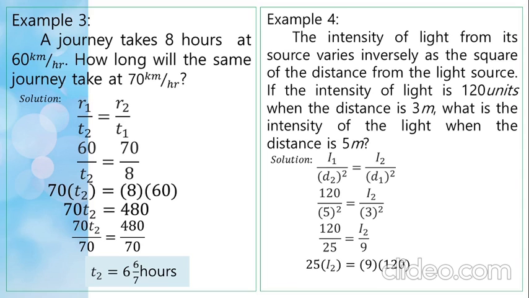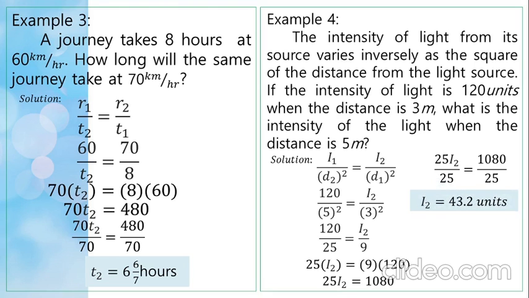Get their cross products. So 25 times I sub 2 equals 9 times 120, which will give us 25 I sub 2 equals 1080. Then, to solve for I sub 2 or the intensity of the light, we divide both sides by 25, which will give us 43.2 units.